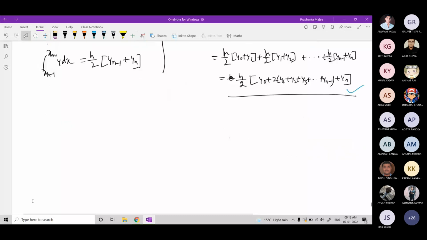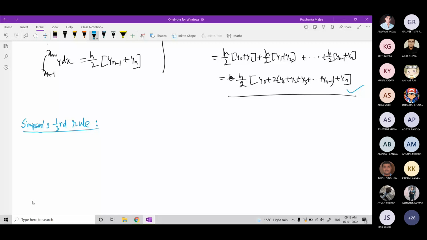Next is Simpson's 1/3 rule. So let me write it down. What is this? Again, in this case, the number of data points always has to be 2n plus 1. Why is that? That will be clear at the end.